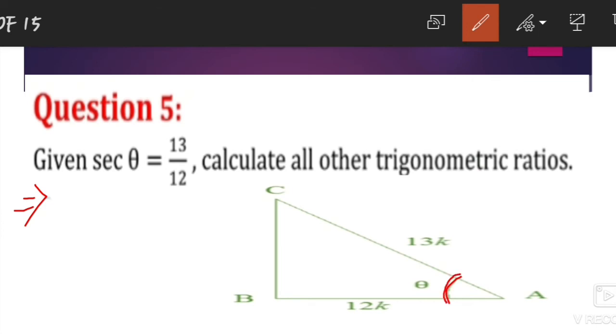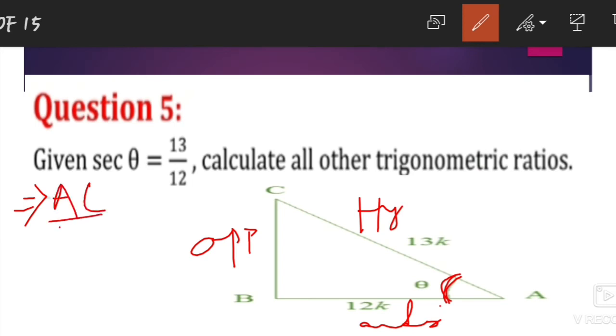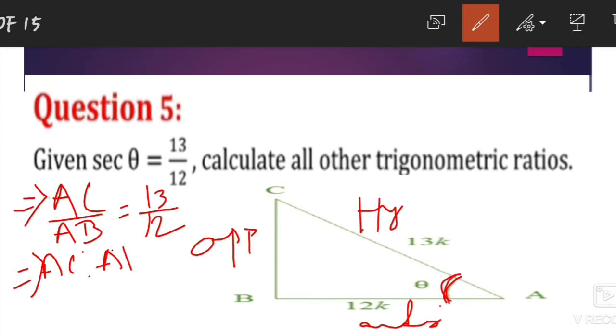Since this is the acute angle given, this is the opposite side and this is the adjacent side. So in place of sec theta, it will be hypotenuse by adjacent, that means AC by AB.